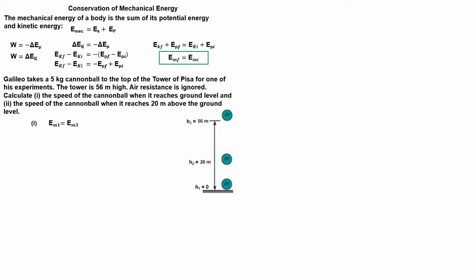The mechanical energy at instant 1 is the same as the mechanical energy at instant 3. We write the energy conservation equation and supply the proper terms. We cancel the mass m and replace V3 with 0, H1 with 0, H3 with 56, and solve for V1.